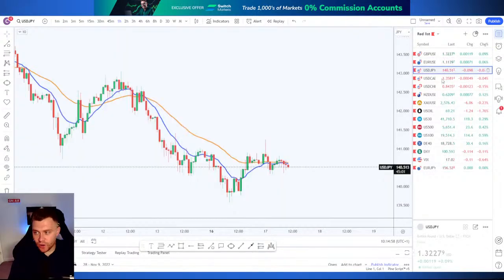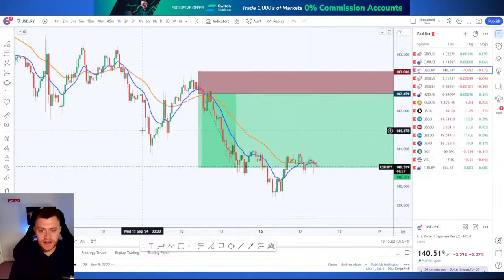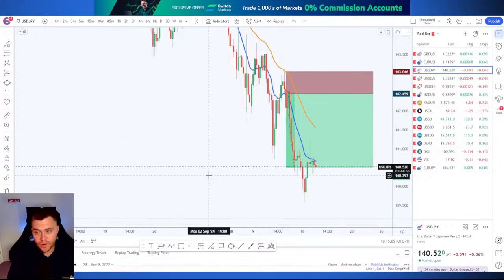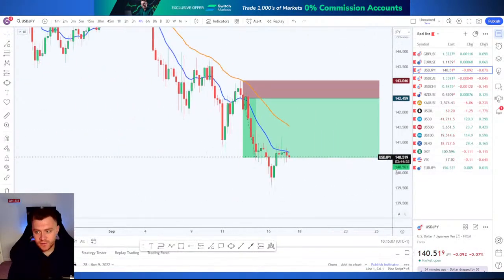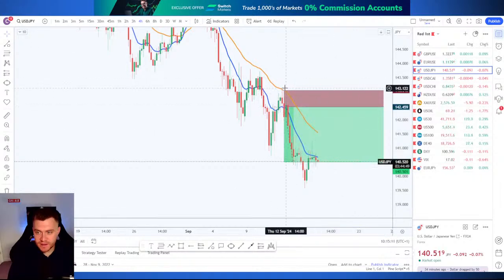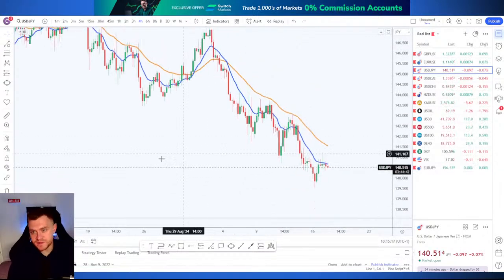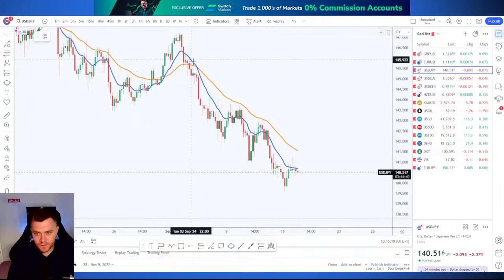Let's have a look at dollar yen, because dollar yen was a trade that I sent out to everyone last week. Trend rider opportunity on the test of the EMA 12 here, and you can see how successful that trade has been. We're actually getting multiple re-entry signals as well. There's our bearish crossover.